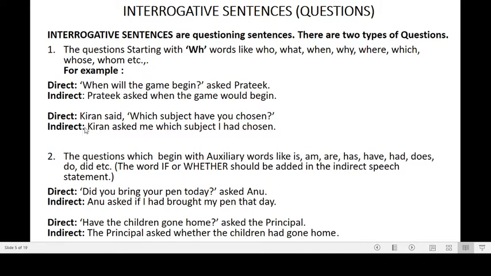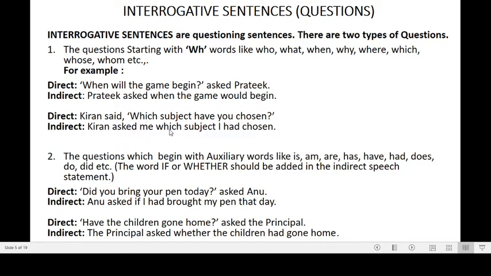Let's look at another example. Kiran said, "Which subject have you chosen?" Here, by looking at the question mark itself, you can identify that it is an interrogative sentence. So you should decide that the reporting verb should be asked and it should not be said. So: Kiran asked me which subject I had chosen.